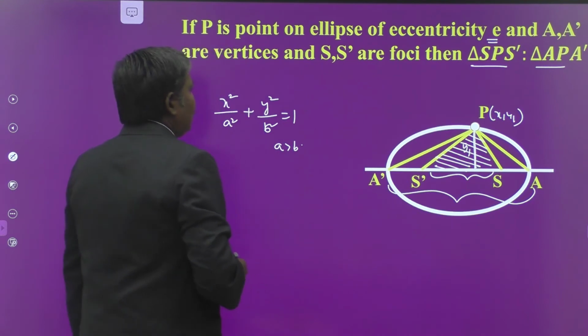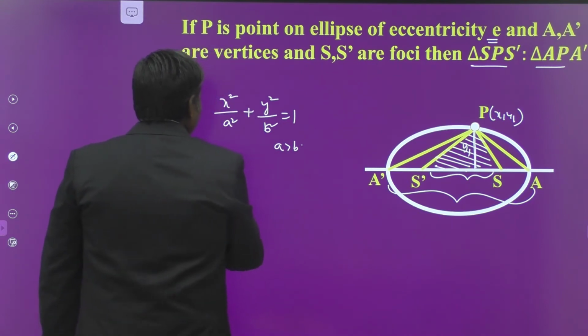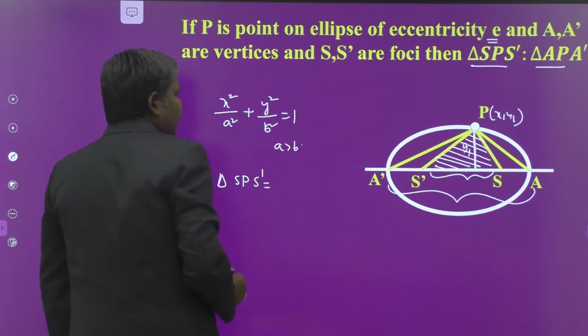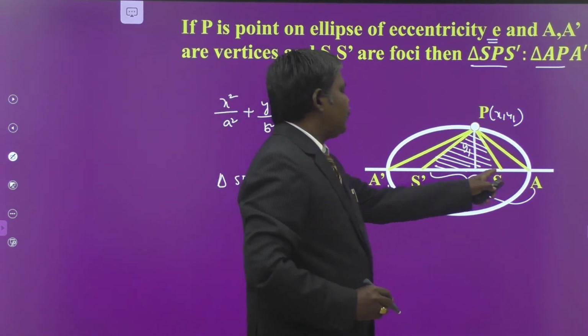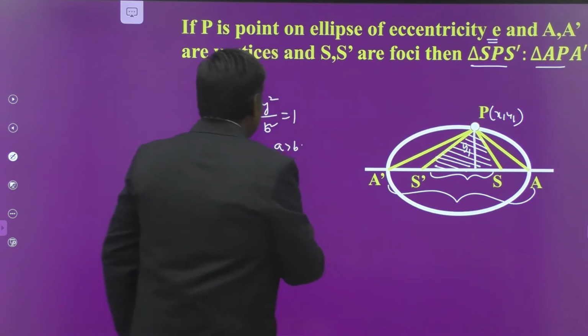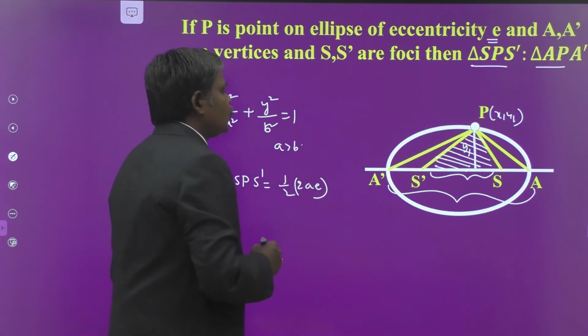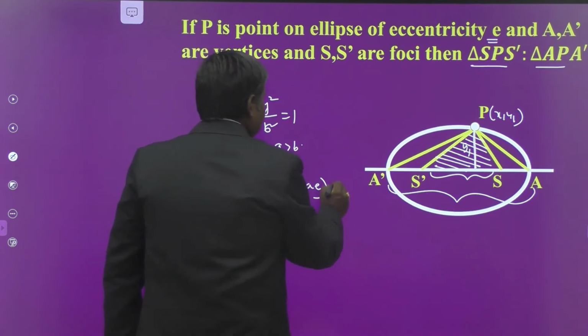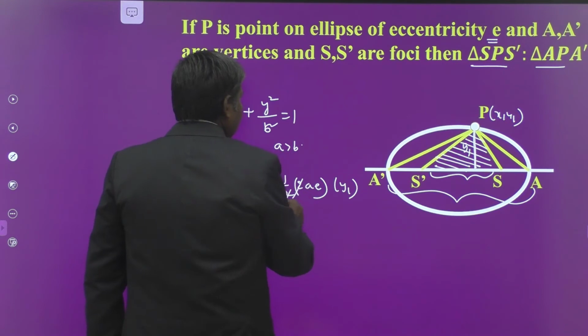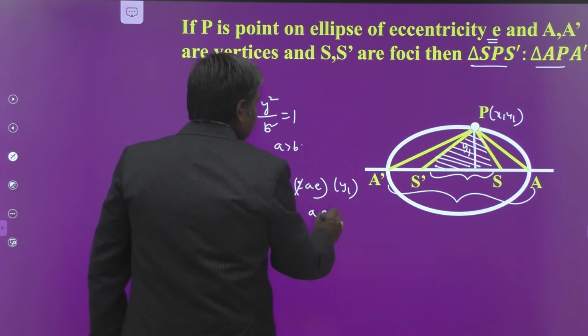So what is the area of triangle SPS dash from the figure itself? Half into base into height. That is half into SS dash, which we know is 2AE, the distance between the two foci, into y1. Half into base into height. The half and 2 get cancelled: AE y1.